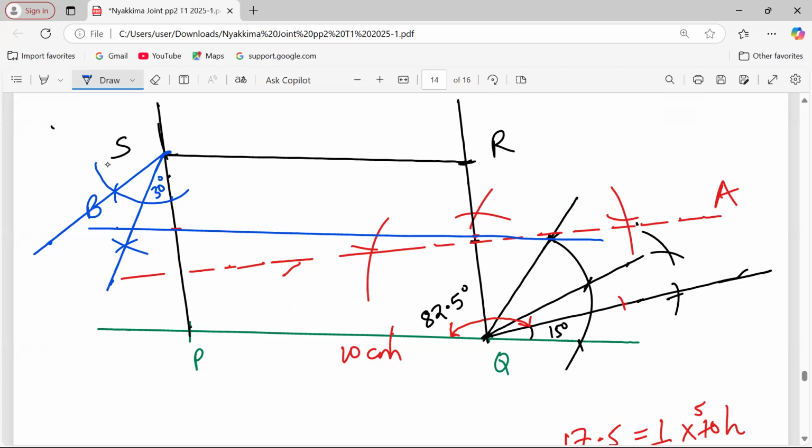After that, I'm supposed to construct another 30, still without a protractor, on the opposite side, so that the intersection of the two angles of 30 will give us a center.